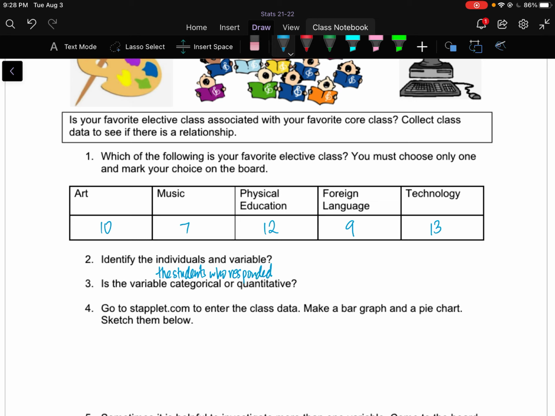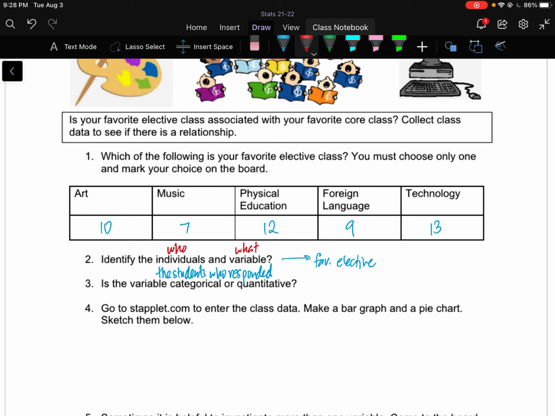And then the variable is essentially the question that they were asked, so what their favorite elective was. We can break it down quite simply. The individuals are who the data is about, and the variable is what the data are about.